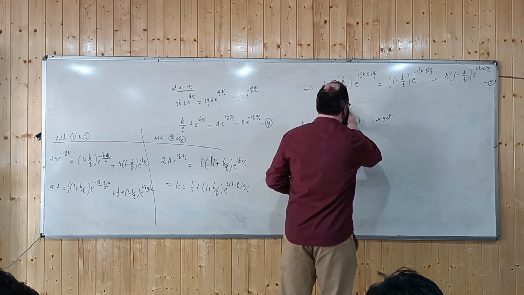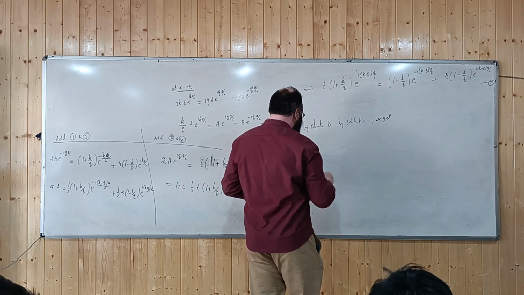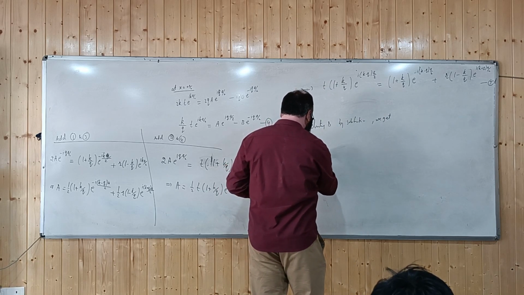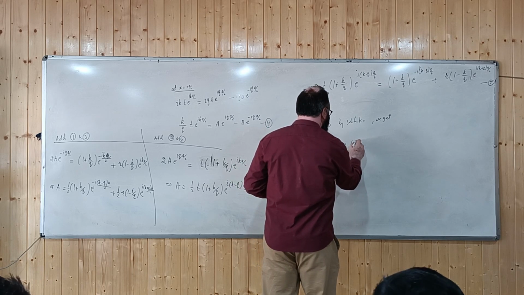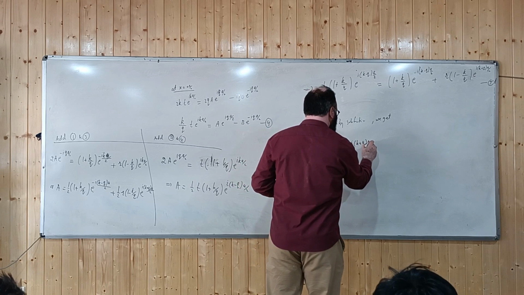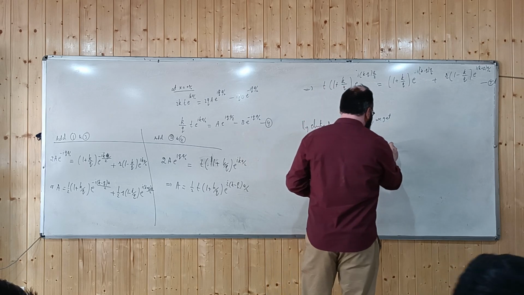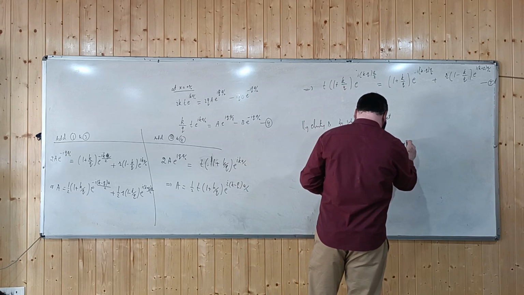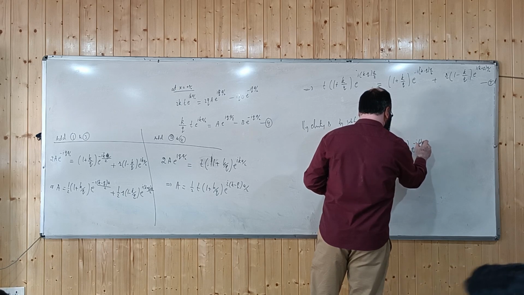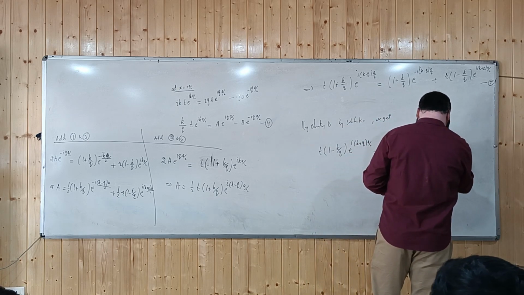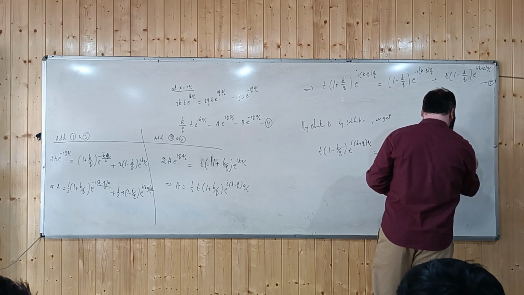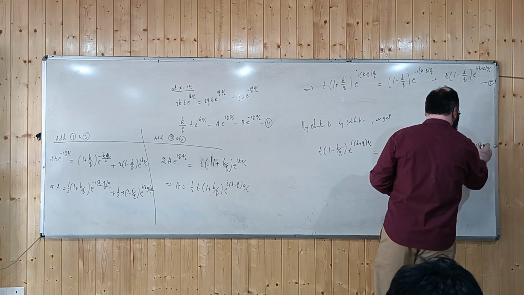Okay, so let me first write this, eliminating B. So you'll get T into (1 minus K/Q) by 2 e raised power i(K plus Q)T by 2, that's equal to (1 minus K/Q) by 2 plus R into (1 plus K/Q) e raised power i(K minus Q) by 2.